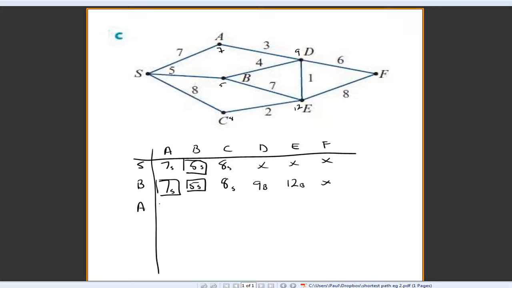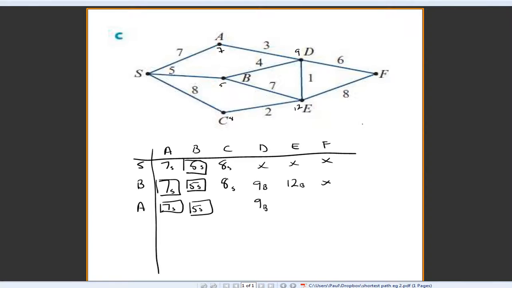A becomes the center of attention, 7 from the start, 5 from the start, and let's see what we can do from A. From A there's only one place we can get to, and that's D. 7 plus 3 is 10. 10 won't beat the 9 that's already there, so I know that 9 to D will stay the same.